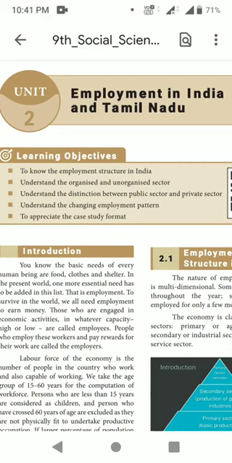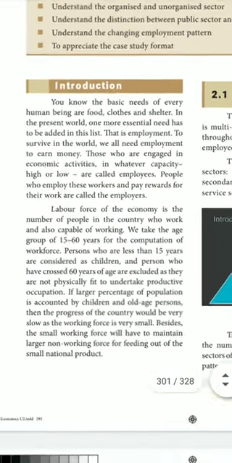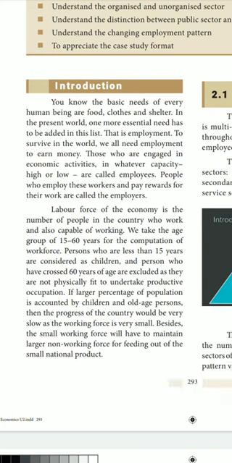Next, the labor force of an economy is the number of people in the country who work and are also capable of working. This is also very important. There is one question they ask: what is the labor force of the economy? Labor force means the number of people in the country who work and are also capable of working.